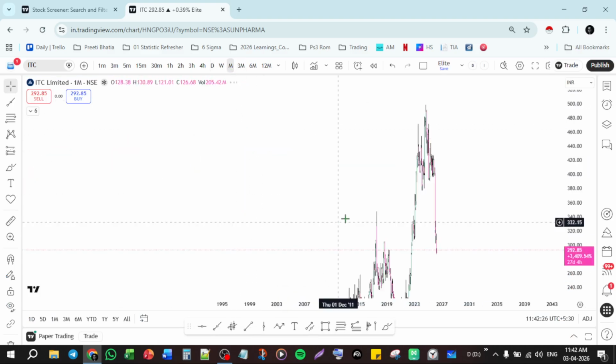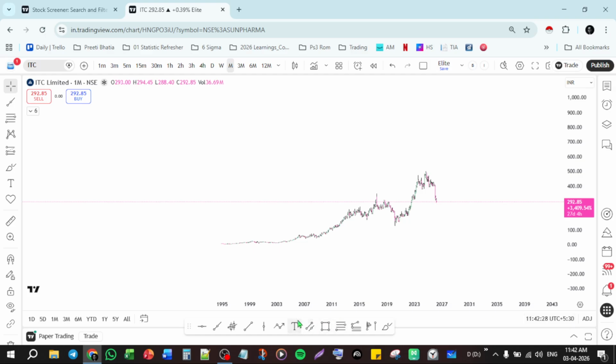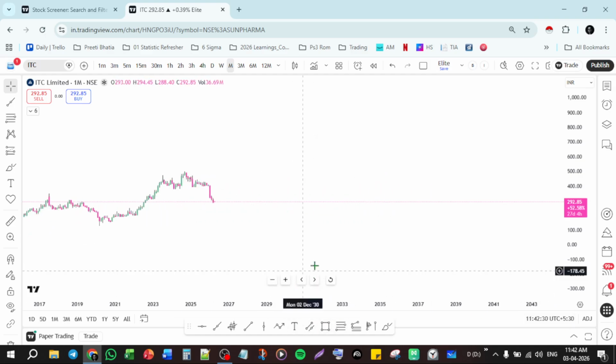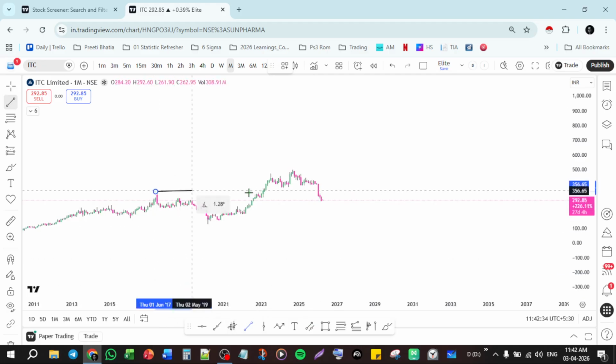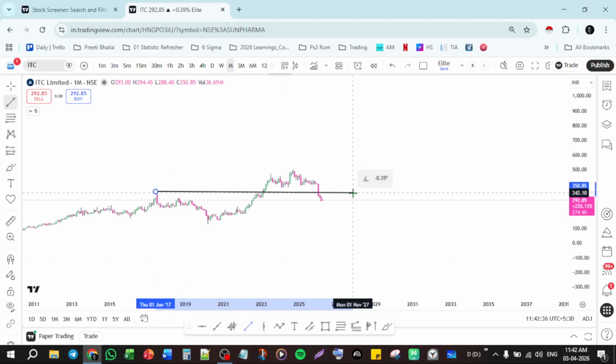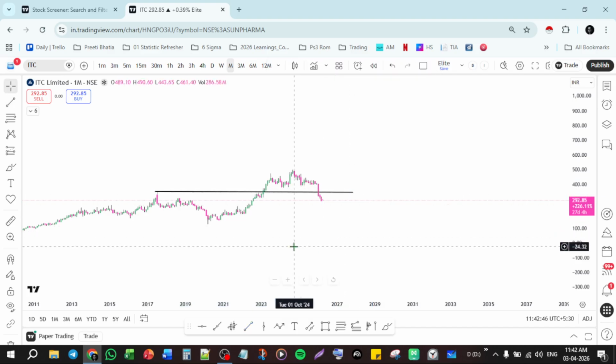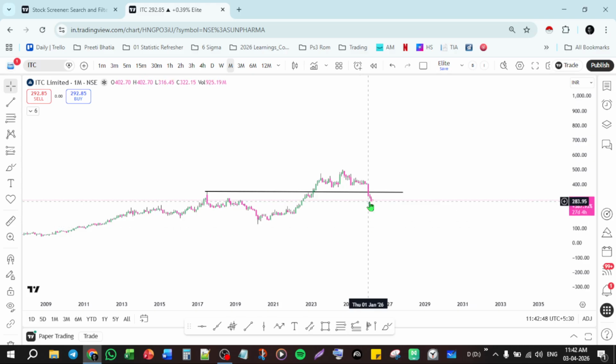If you have attended my class, then you know the power of SIP. I can see a very strong high. It has broken the SIP. So what will I do next? Will I wait for the price to come here, or use my analysis and see where this price is?